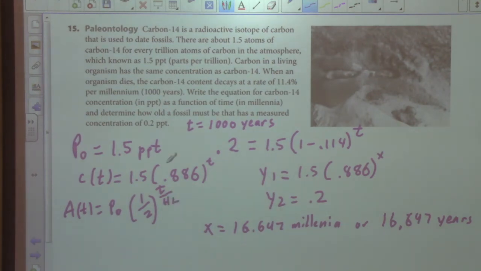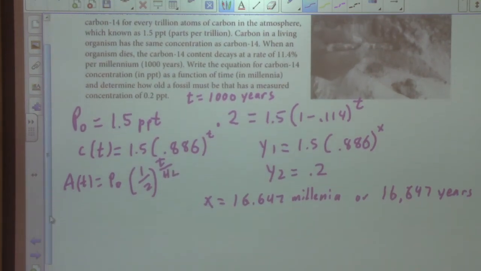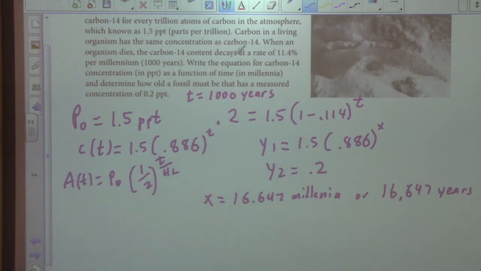For carbon-14, your half-life is 5,730 years, I think. So you're going to have 0.2 equals 1.5 times 1/2 to the power of t over 5730.